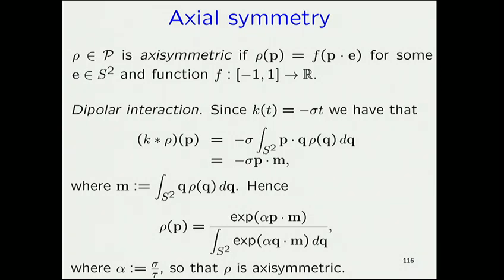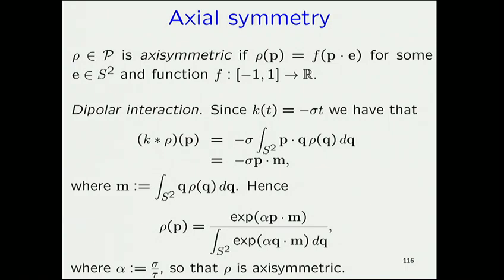So the dipolar case has kernel minus sigma t. So k star rho of P is equal to minus sigma the integral of, so t is a dummy for p dot q, so p dot q rho of q dq, which is minus sigma times p dot the integral of rho of q times q, which we call m.